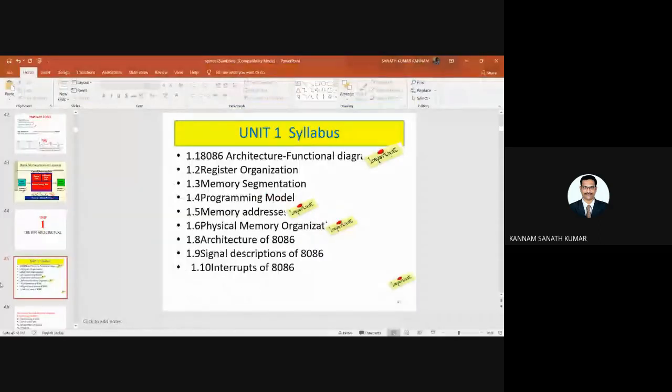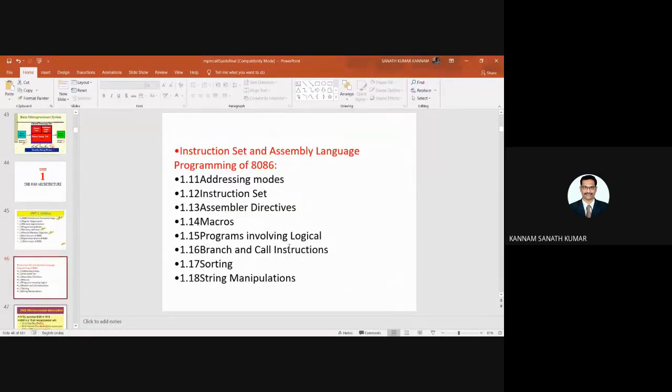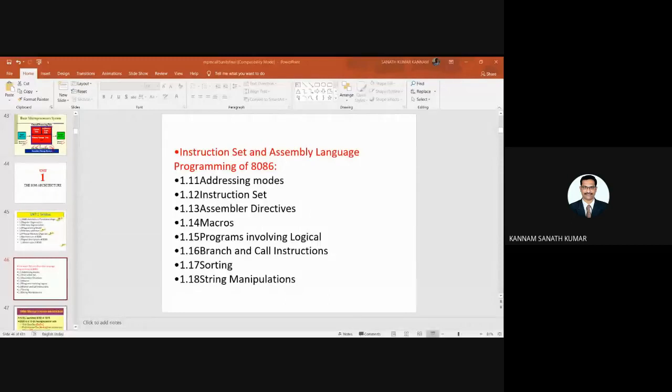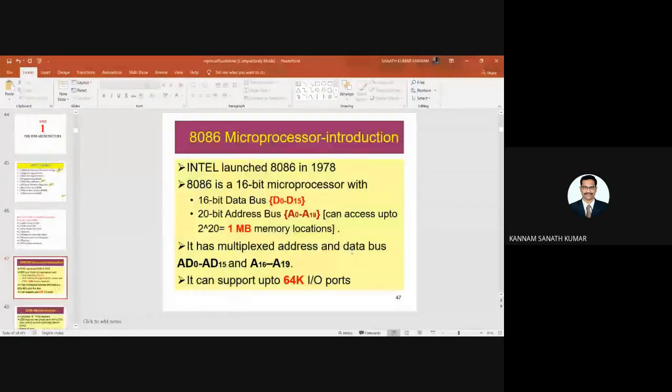These four are important topics. Then instruction set and assembly language: addressing modes, instruction sets, assembler directives, macros, programs involving logical, branch and call instructions, sorting, and string manipulations. We'll study these in the second part of the first unit.